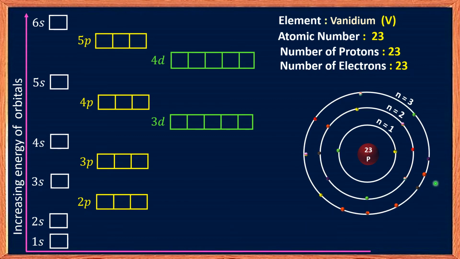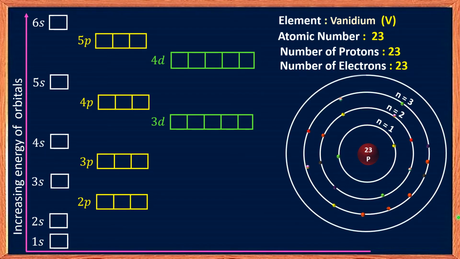Here I have shown the electrons which are going to fill the 3d orbitals a little bigger in size. Next, the fourth orbit contains 2 electrons. So totally we have 23 electrons.